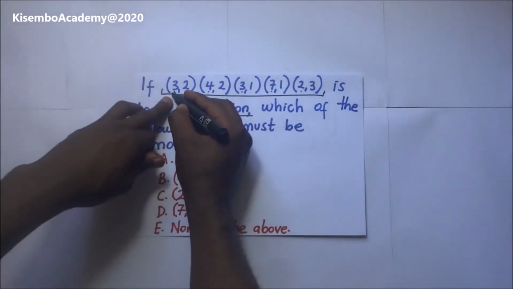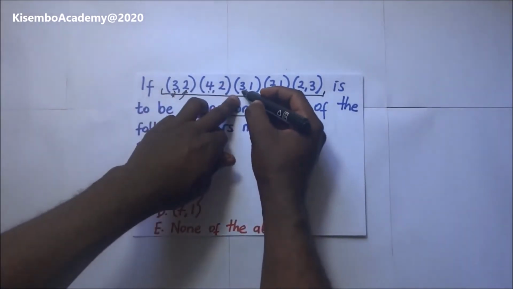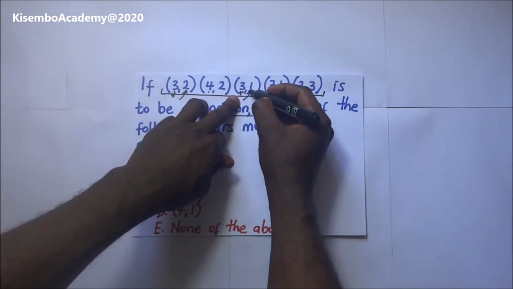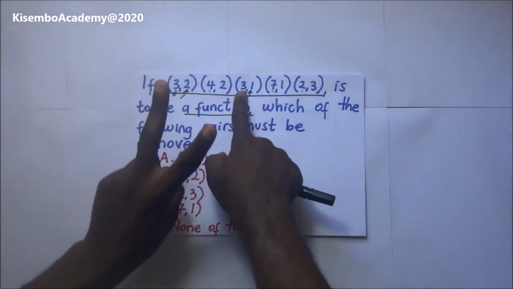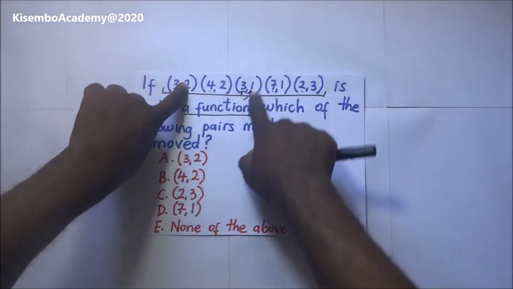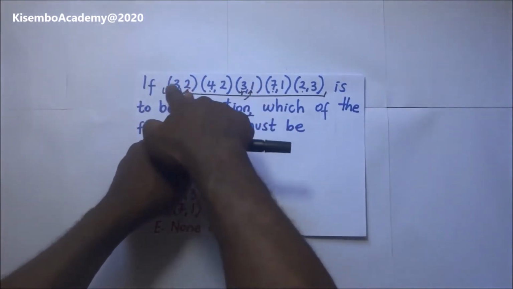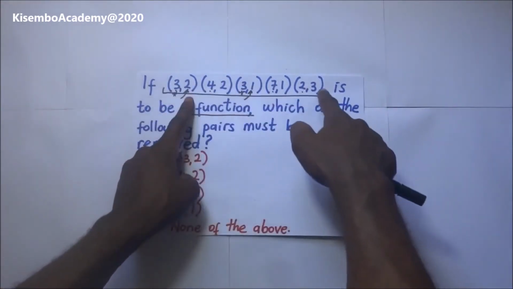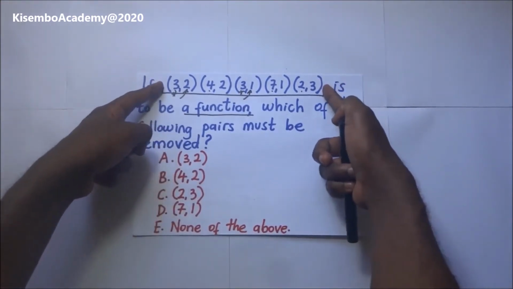When the input here is 3, it's giving us 2 as the output. When the input here is 3, it's giving us 1 as the output. So it means that when the input is 3, it's giving us 2 different outputs, which are 2 and 1. And if one input is giving us 2 different outputs, that ceases to be a function. This set of ordered pairs therefore is representing what we call a relation.